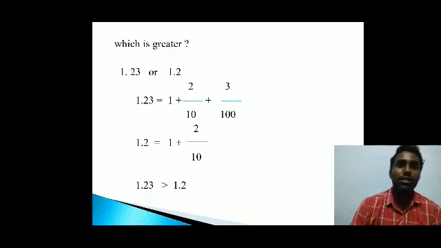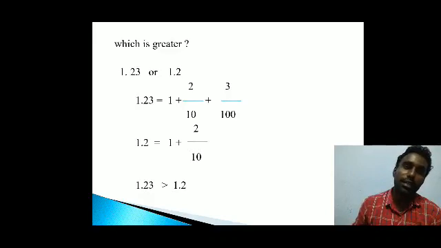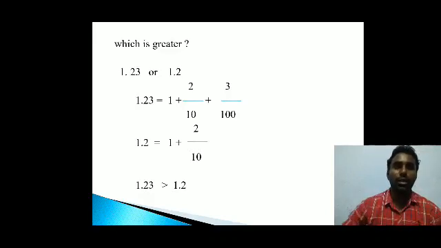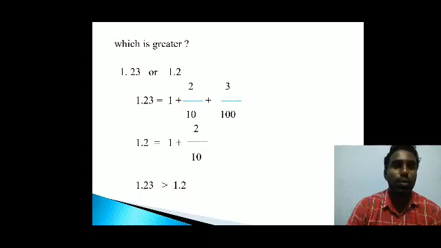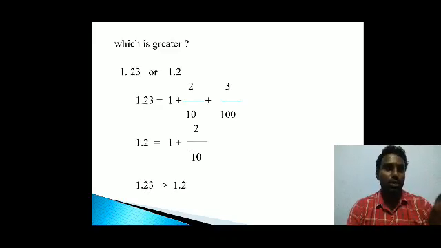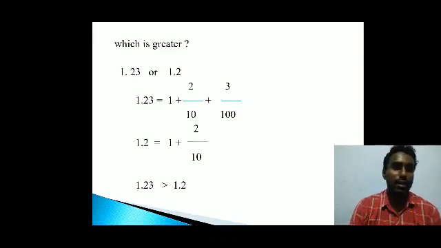And the next digit 3 means 3 divided by 100. The second one, 1.2, is equal to 1 plus 2 by 10. Now just look, 1.2 can be written as 1.20, that means 1 plus 2 by 10 plus 0 by 100.